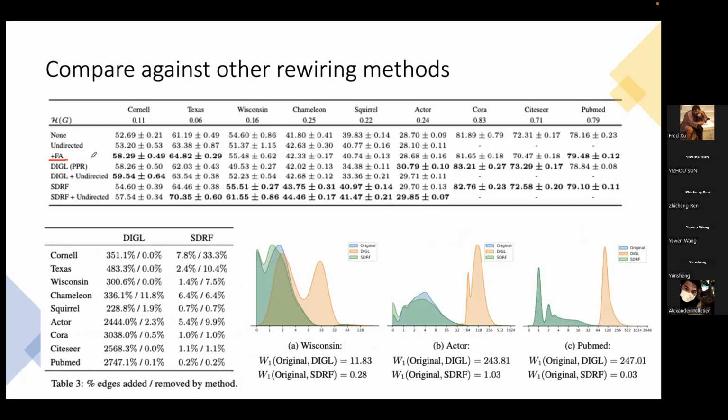As you might remember, this is the first paper we covered, where you change the GNN by adding a full connection in the last layer. And this DIGL here is the graph diffusion convolution paper that we covered. Basically, you use the diffusion kernel to do pre-processing. And I think here is their own proposed approach.